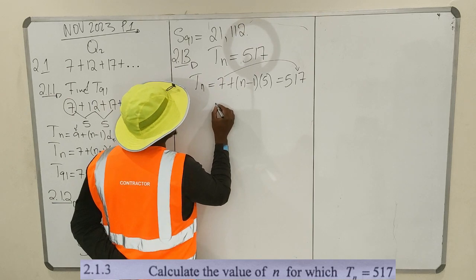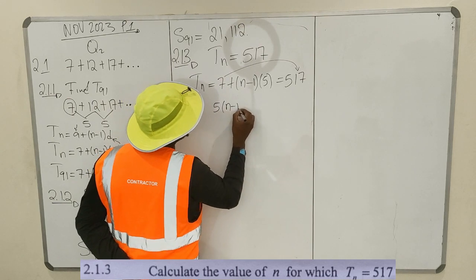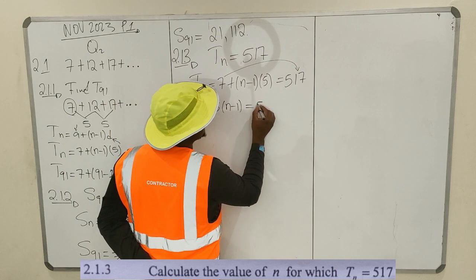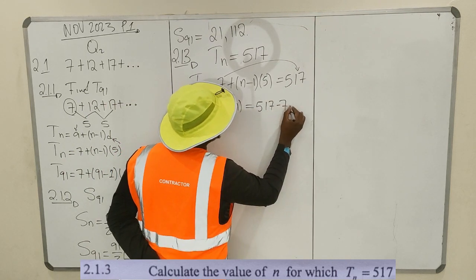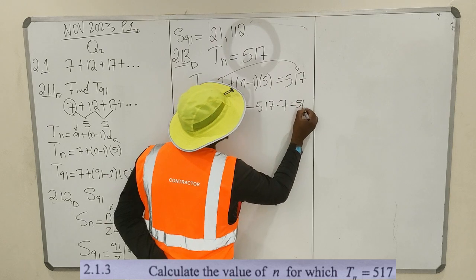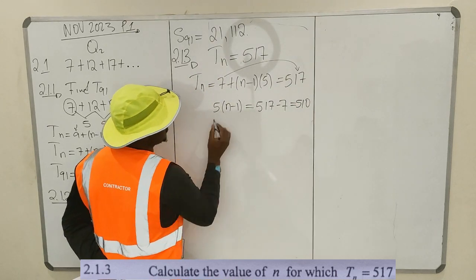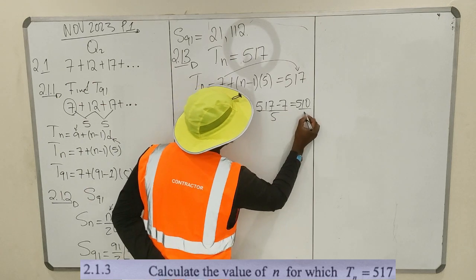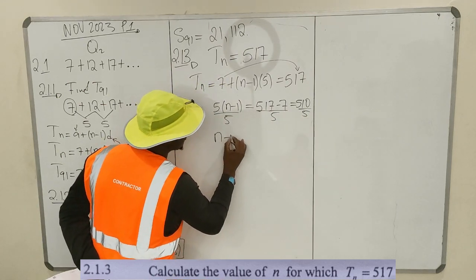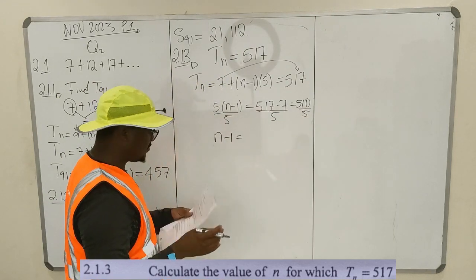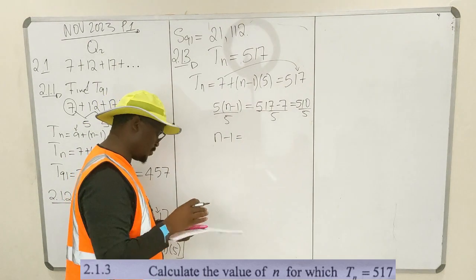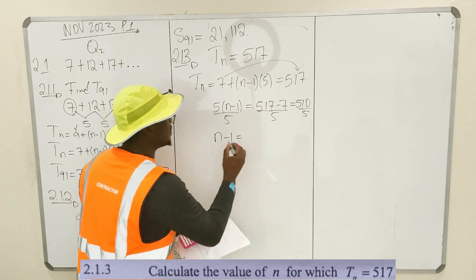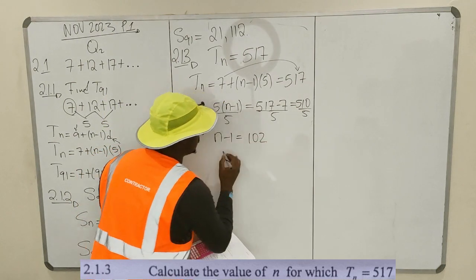So you have 5 times (n minus 1) is equal to 517 minus 7, which is 510. Then you divide by 5 on both sides. You get that n minus 1 is equal to 510 divided by 5. Find that in a calculator. 510 divided by 5 is 102.